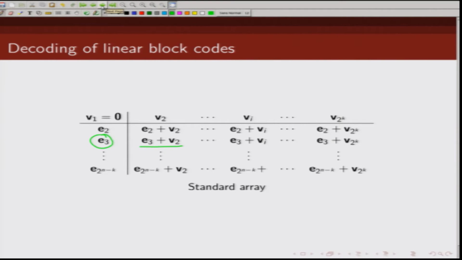Next, we pick up an error vector which has not happened in any of the previous rows, and then we add that error vector to each of these code words and put the new element under the same column as that code word, and we continue doing that until we have put all the possible vectors in this array.